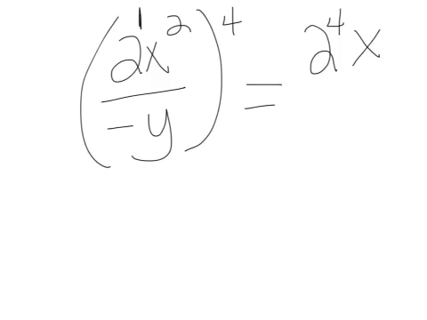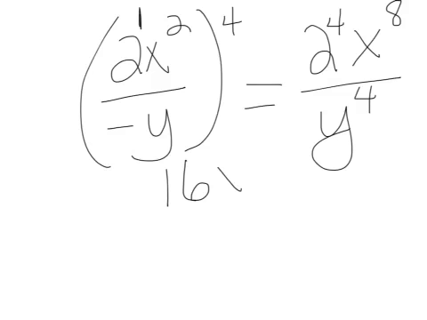And a power to a power we multiply, so it will be x to the 8th. Over a negative number raised to an even power is positive, so it is y to the 4th. So our final answer would be 2 to the 4th is 16, x to the 8th over y to the 4th.